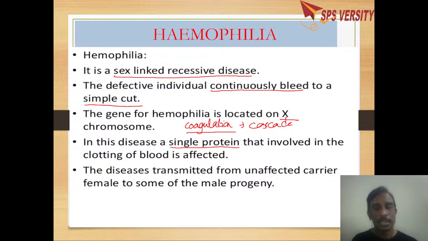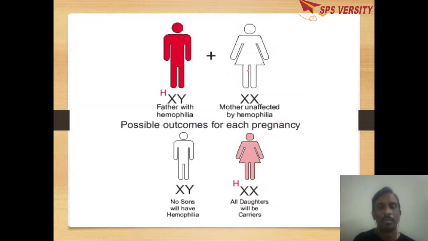As the gene related to this is present on the X chromosome, generally in such type of disease, mostly males will get the disorder. In very rare cases females will get the disorder. We'll see the reason for this: the gene is present on the X chromosome, it is not present on Y.